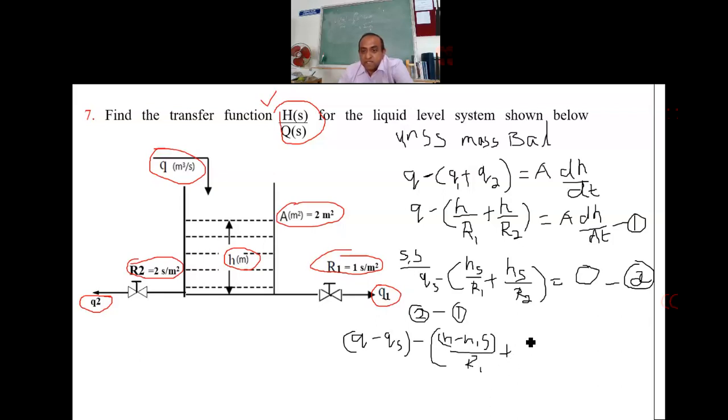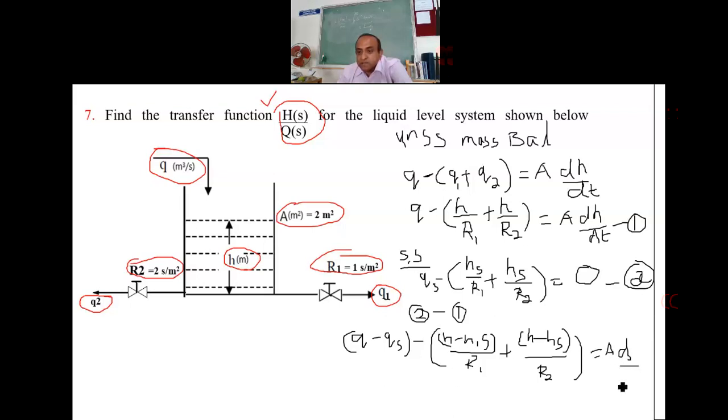R1 plus, similarly, please bear with my handwriting because I'm not comfortable in using this mouse and writing. This is H, oh no, only Hs, divided by R2, bracket equals to A constant.